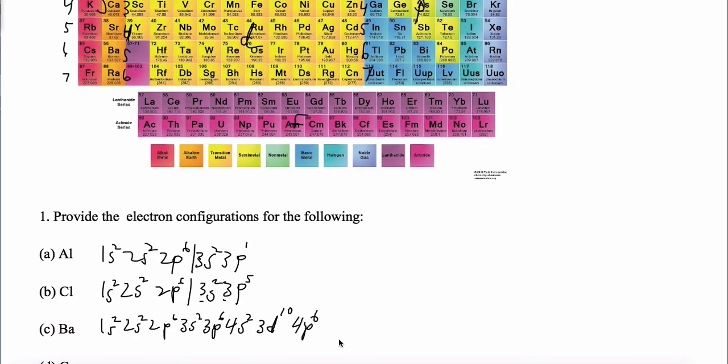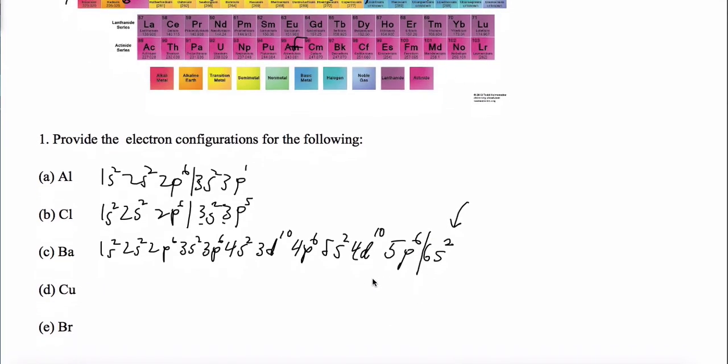We're going to wrap around here to 5s2, 4d10, 5p6. Okay, that's right here, xenon, and we're going to wrap around here to 6s2, okay, giving them 2 valence electrons in the outer shell.